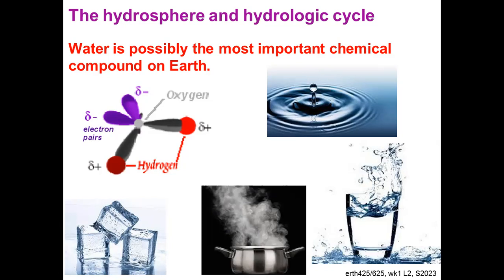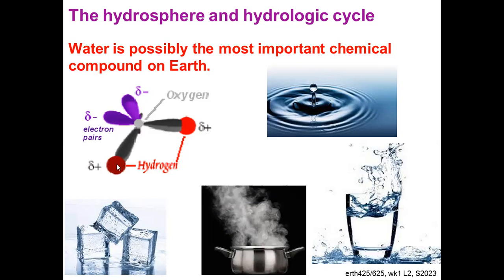Now, because molecular water has oxygen at its center, which comes with 6 valence electrons, and a filled Lewis shell gives it 8 electrons, we end up with 2 pairs of unbonded electrons. Those are shown in purple there, that occupy 2 of those 4 sp3 orbitals.